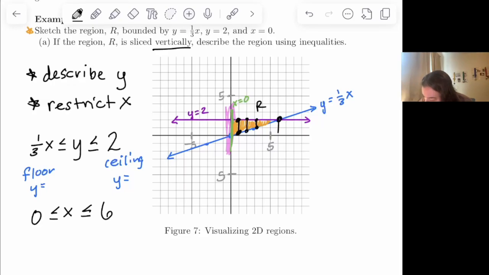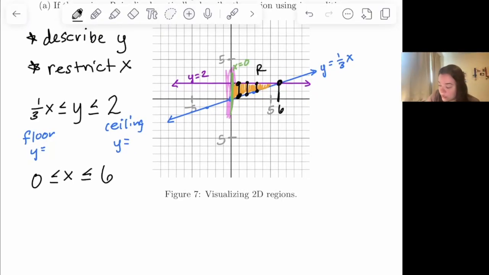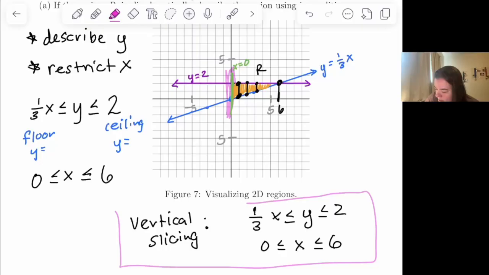The shading stops at that value of 6. So to describe this region in vertical slicing, we would describe it the following way. This would be the way to think about that vertical set of slices.